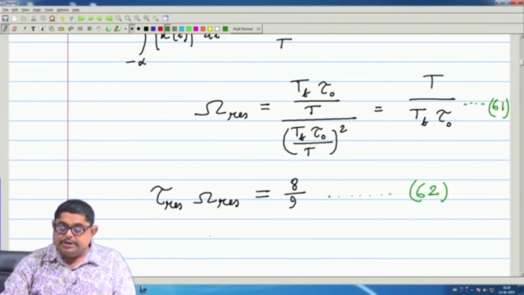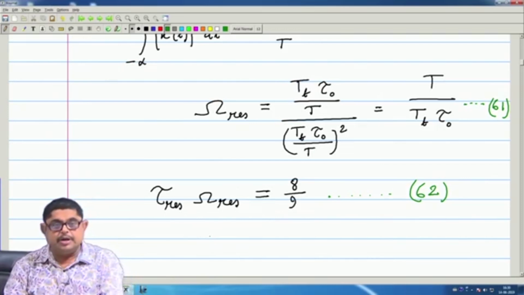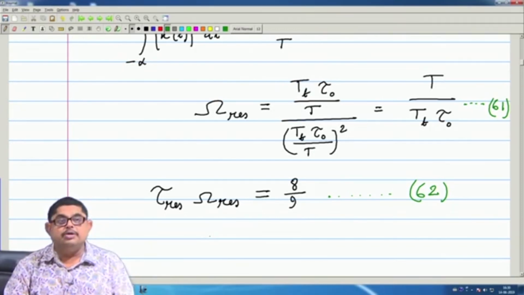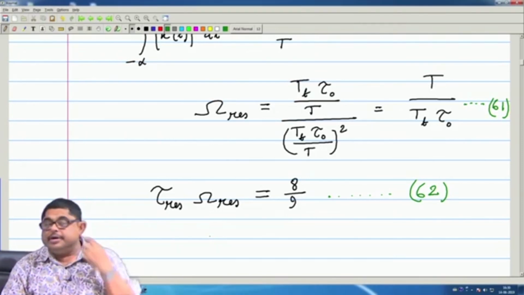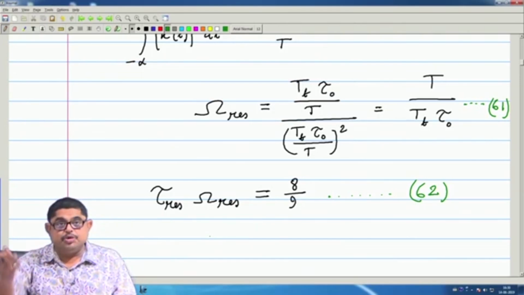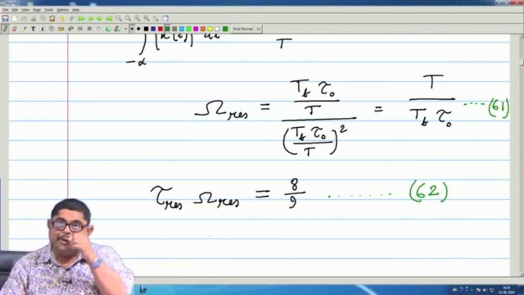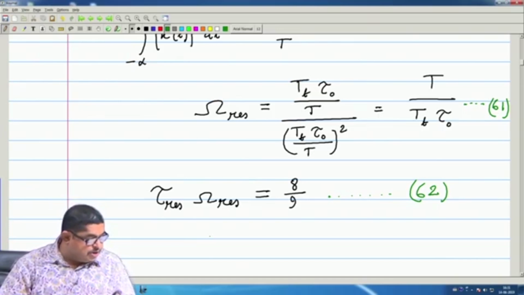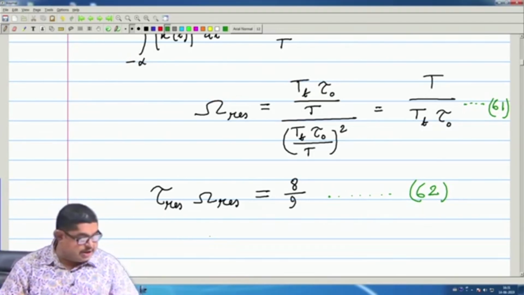Since this product is a fixed number, if I want to improve this resolution, that means if I want to decrease this, the other value will increase. That means, what I achieve in the range domain, the same thing in the same proportion I will have to forego in the velocity domain. So, this is the problem for this signal. That means, no flexibility in the design of the signal.